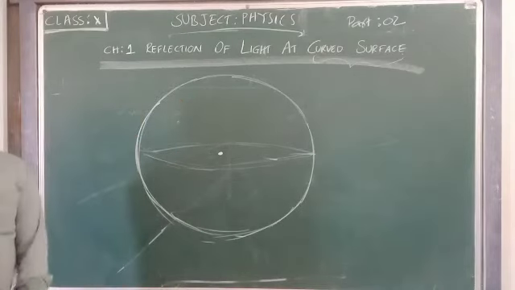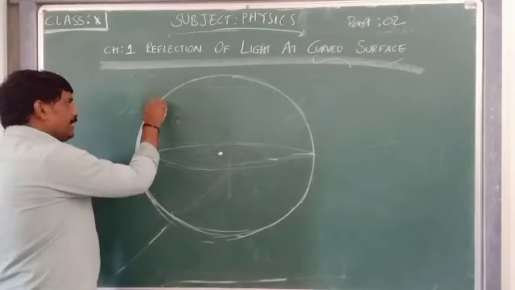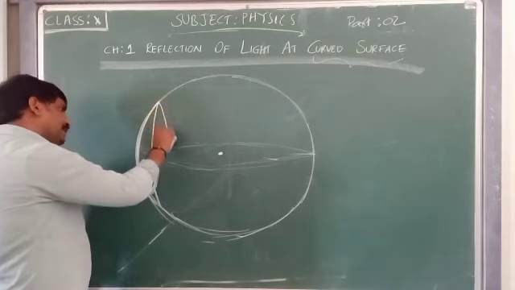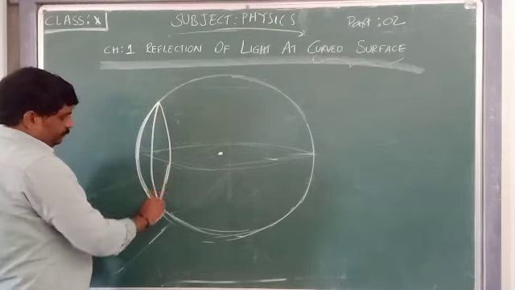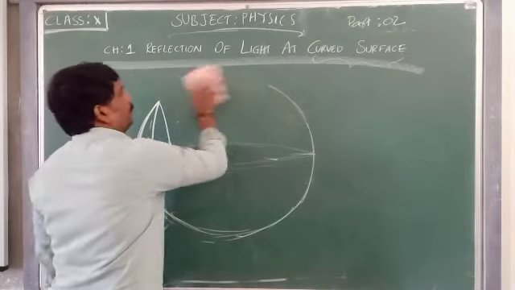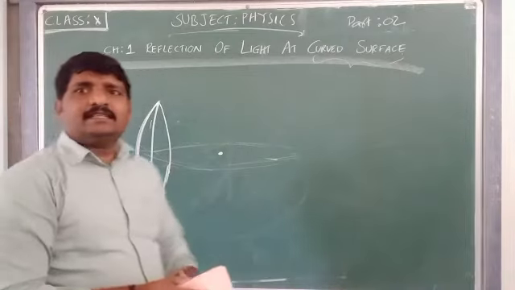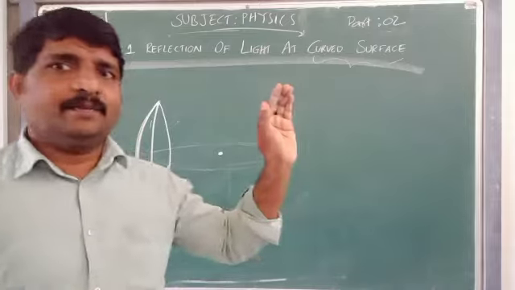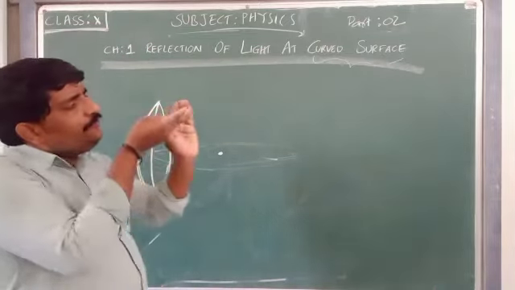Now, what I am doing is I am going to cut some part from the sphere. So from this sphere, I just cut some part. For example, it looks like this. Okay, some part has been taken.